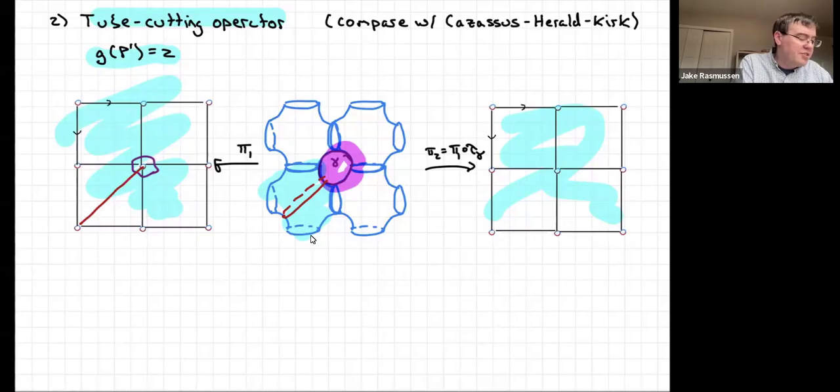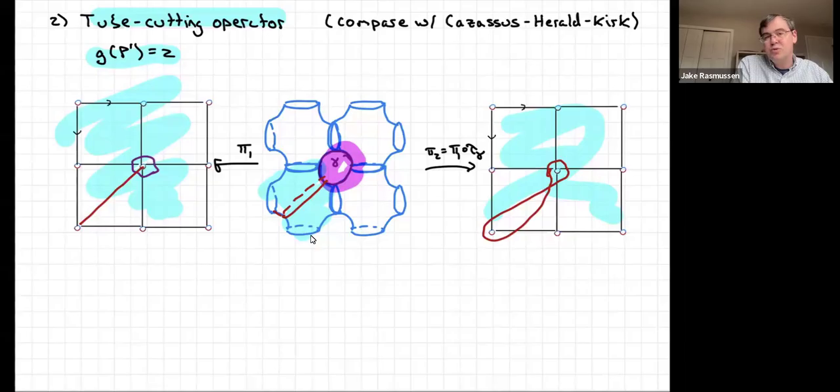Then when I do the Dehn twist around this boundary, I really did it around all of these boundaries here. What you'll see is that this red curve gets twisted around the punctures before I push down. And so the image when I push forward is exactly this figure eight.